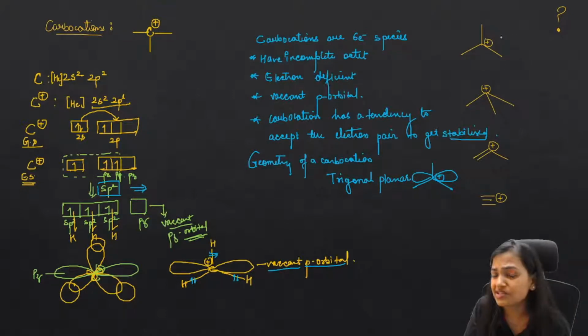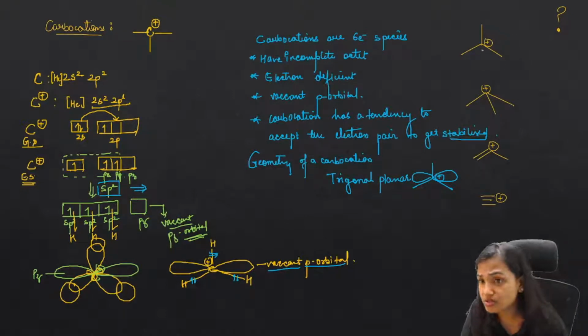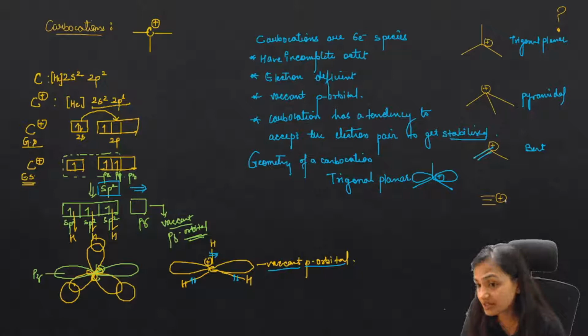Out of all these geometries, this is also a carbocation, this is also a carbocation, this is trigonal planar, this is trigonal planar. This one is pyramidal. This is also a carbocation, which is a bent shaped carbocation with a double bond. This one is linear, so it must be sp hybridized.